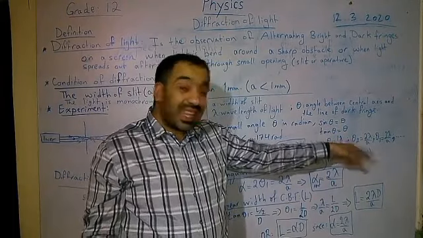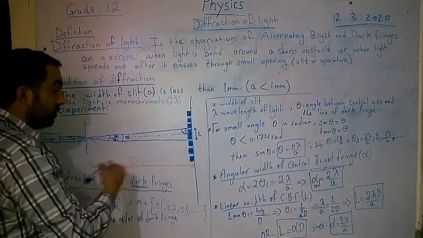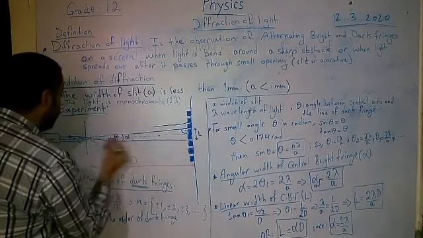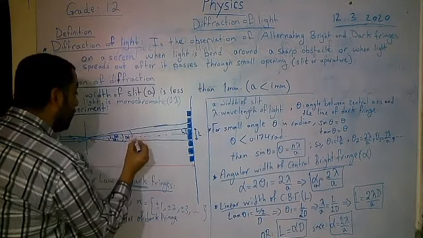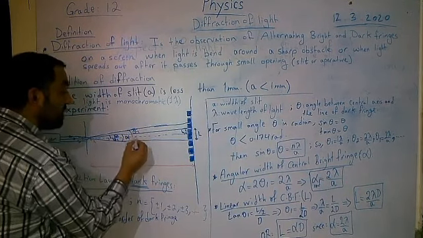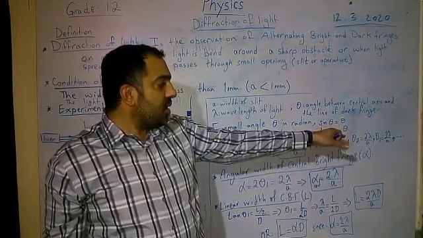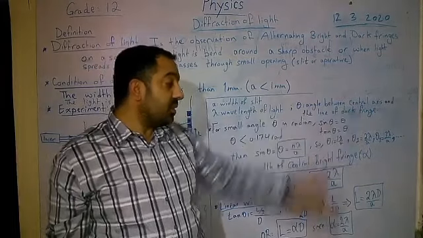Theta 2 for the second dark fringe is drawn from this line to the central axis. And theta 3 equals 3 lambda over a, etc.